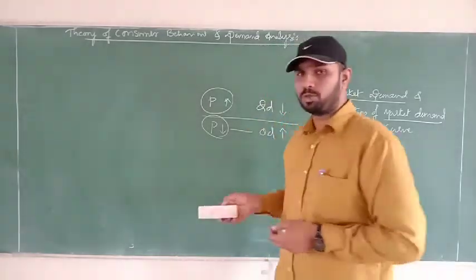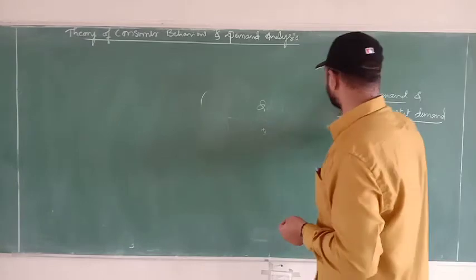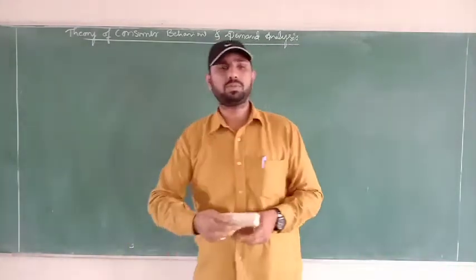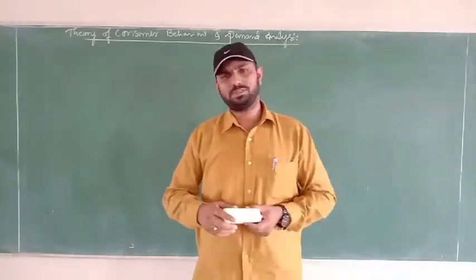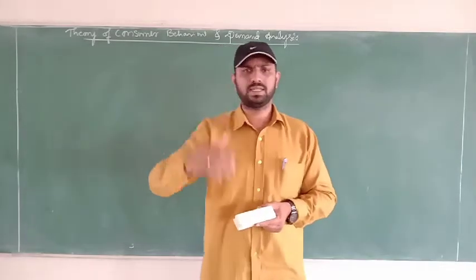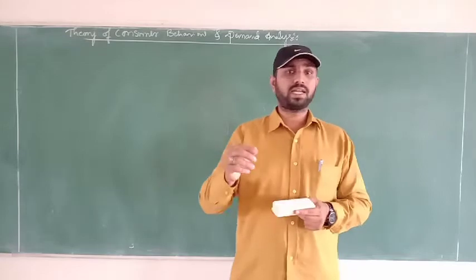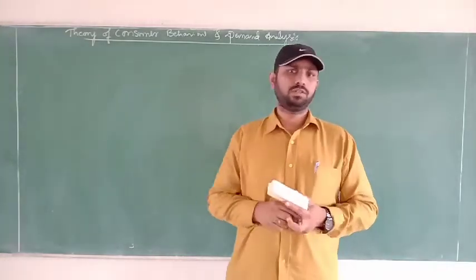For that, we need to go by two equations. For example, we can take two consumers in the market. In reality, there are n number of consumers, but to understand how market demand can be derived, we have taken only two consumers, consumer 1 and consumer 2.